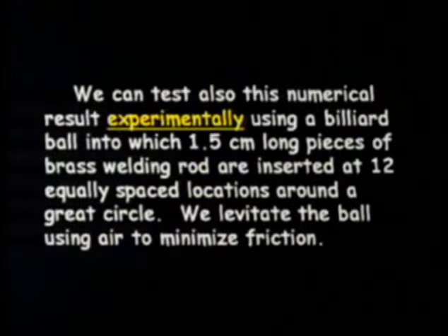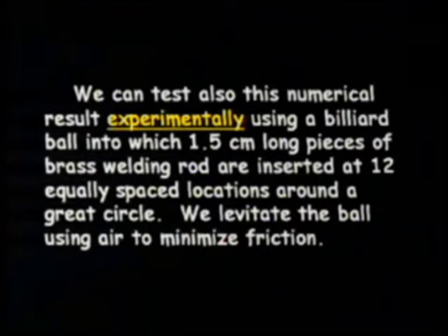So what we did was put some extra mass in the billiard ball. We took about 3/4 inch pieces of brass welding rod and inserted them at 12 equally spaced locations around a great circle to give us that extra mass. And then we levitated the ball using air to minimize the friction. I did that with my shop vac.